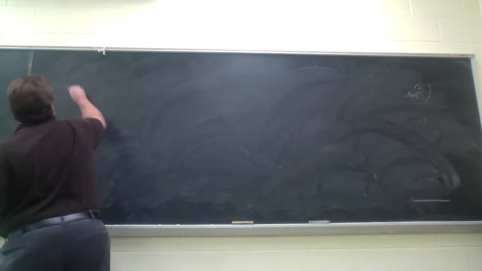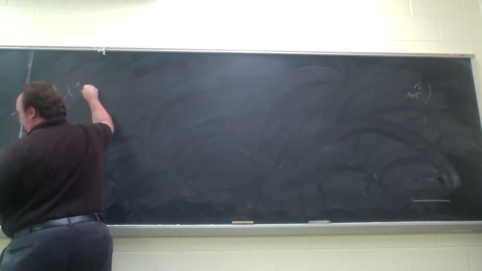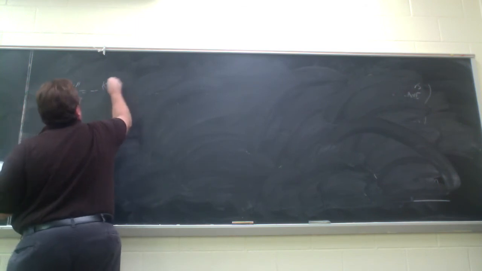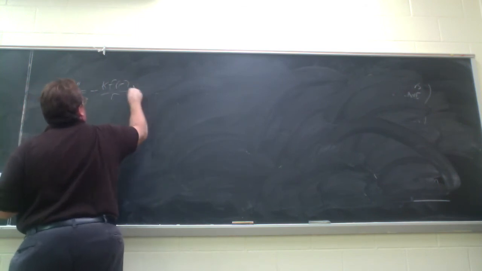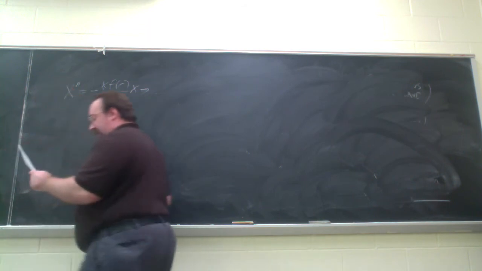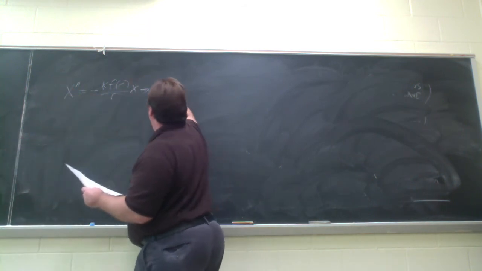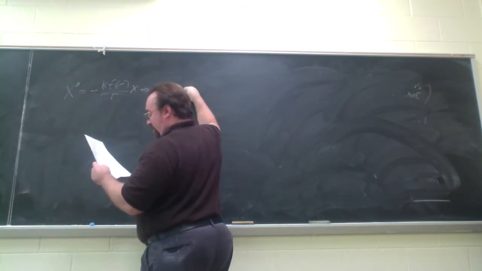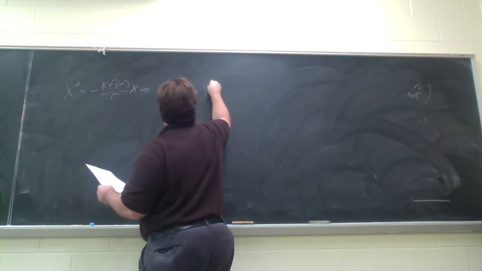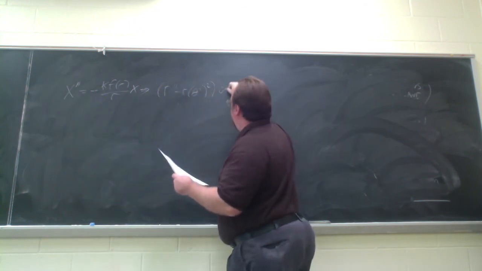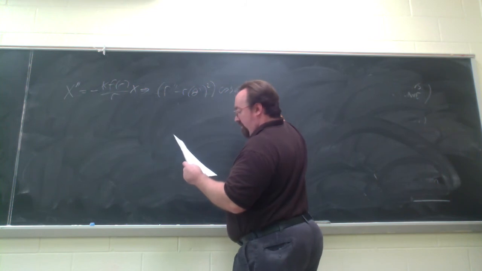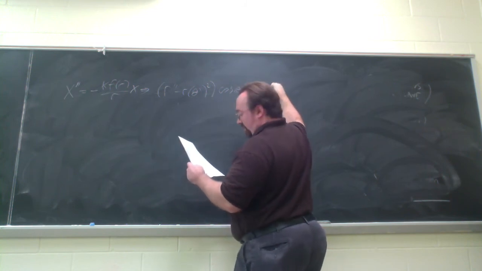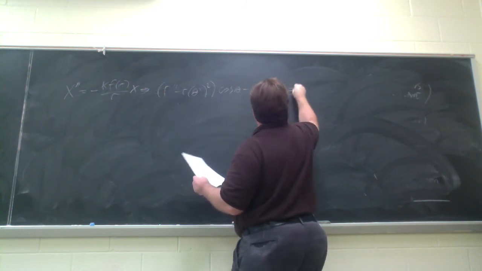Yeah, so for instance, x double prime equals minus k f of r over r x becomes, okay, r double prime minus r theta prime squared cosine minus 2r prime theta prime plus r theta double prime.